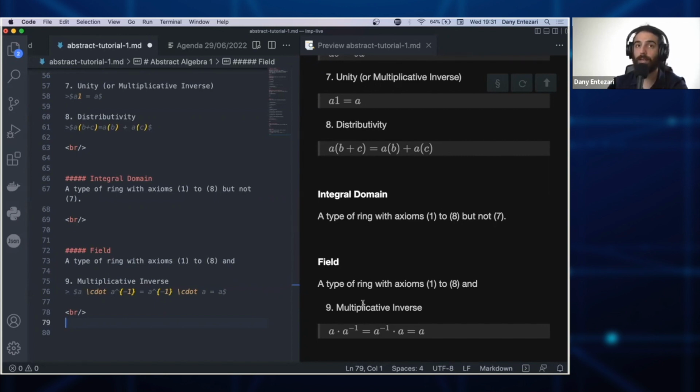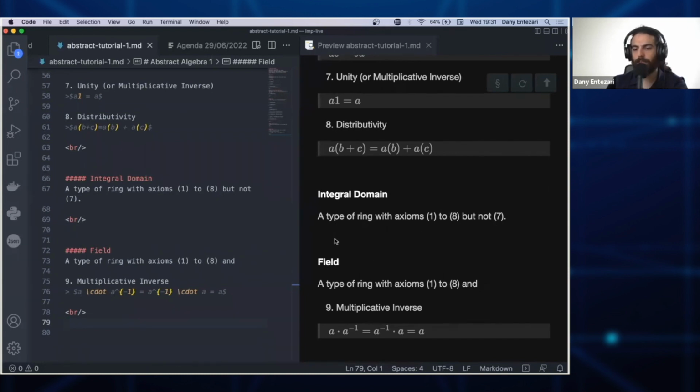Now, I really don't know where these names came from. Ring, I remember seeing a very fascinating page, and there was an illustration about it forming a ring. I don't remember, unfortunately. But the names, in my opinion, are not very intuitive. Like, why field? They're not helpful, but that's how it is.